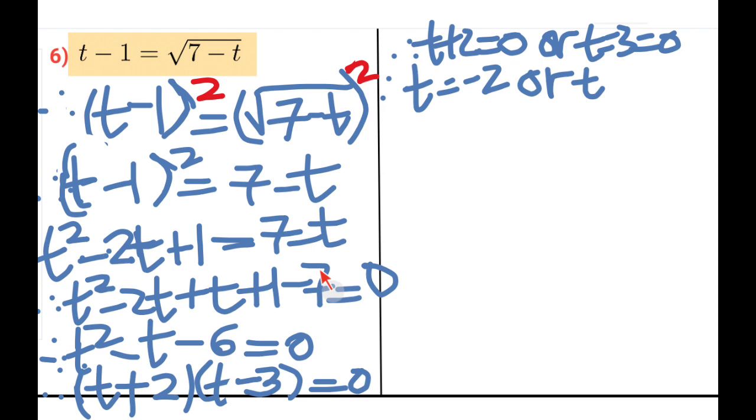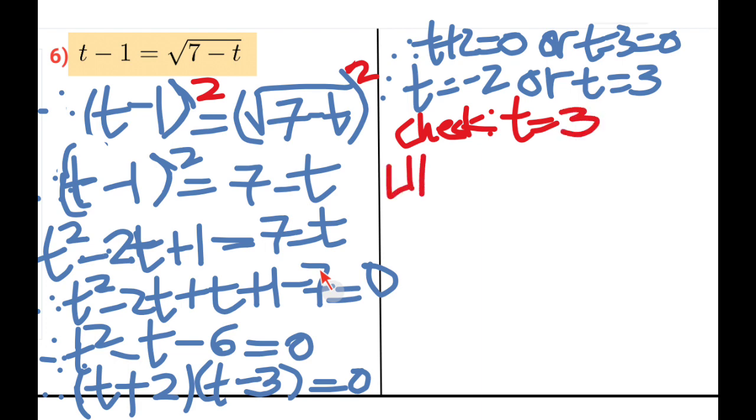And then t minus 3 equals 0, so t equals 3. All right, let's check. Always check. We're going to check step by step. Let's check for t equals 3.